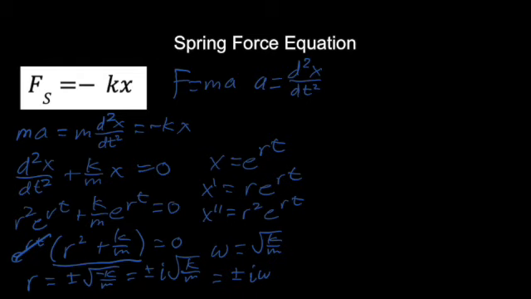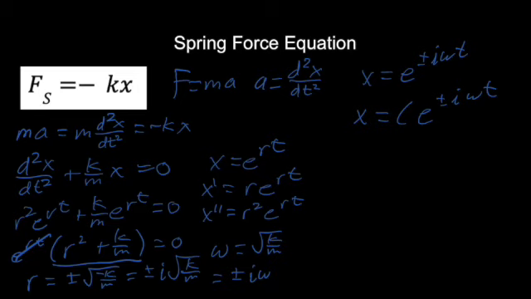So now, if we substitute it back into our value for x, x equals e to the plus or minus i omega t. So now what we can say is that x equals some constant times e to the plus or minus i omega t.